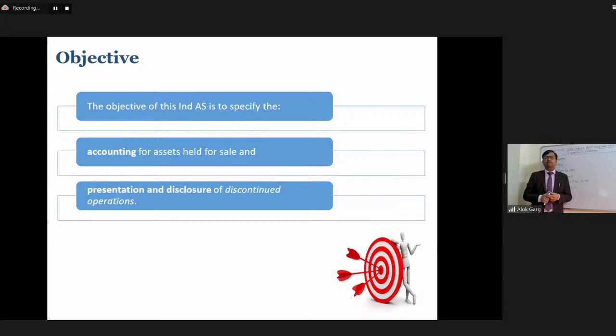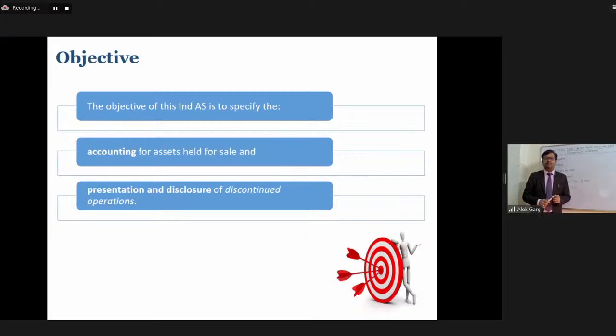Now tell me, what is property, plant and equipment? What is intangible asset? What is investment property? Is it a non-current item or a current item? Where are these items required to be classified in the balance sheet, under the head current asset or under the head non-current asset?